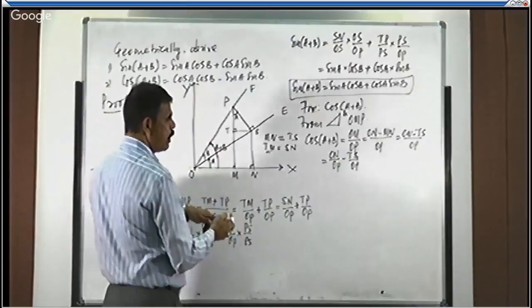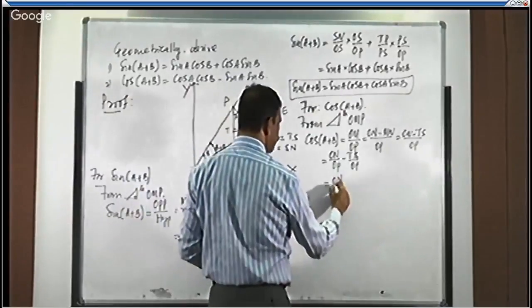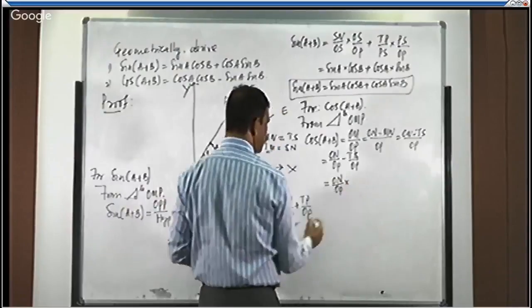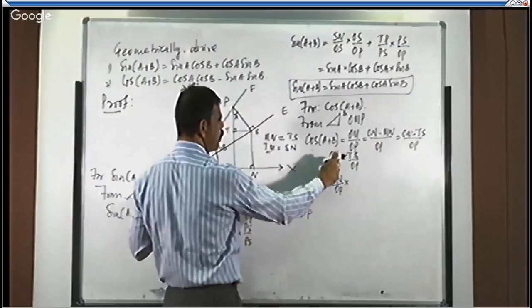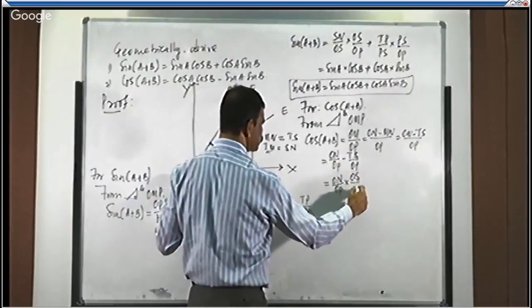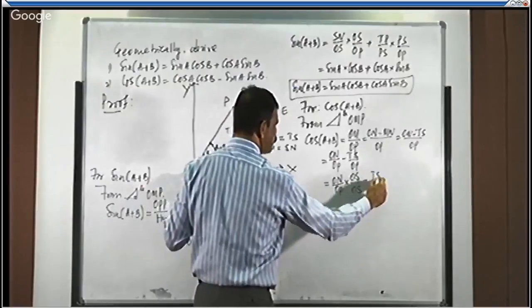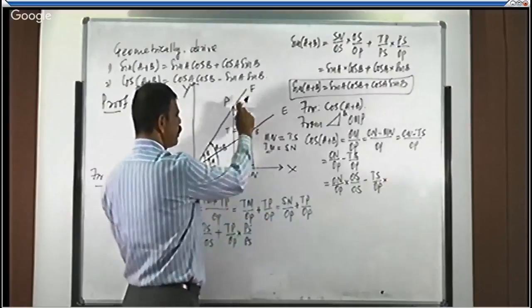To make a link, what we should do? We can multiply and divide it by OS for the first ratio. ON by OP will be multiplied and divided by what? OS. Minus the ratio TS by OP will be multiplied and divided by PS.